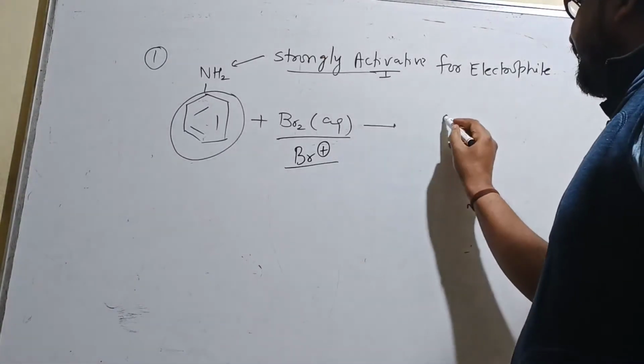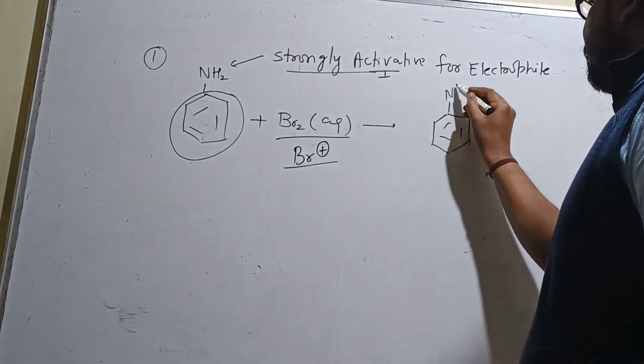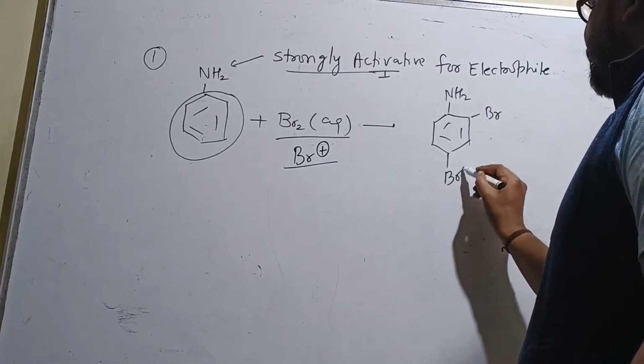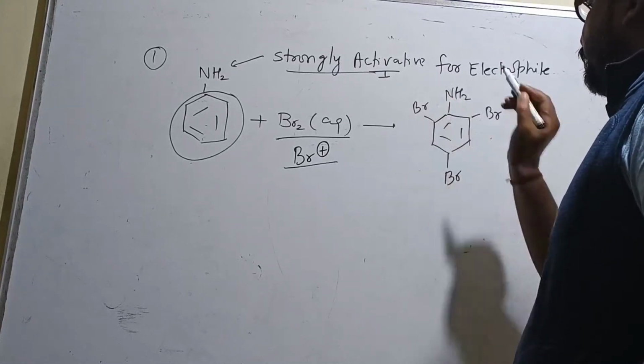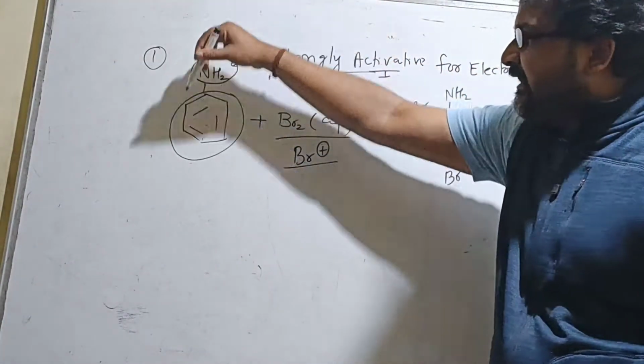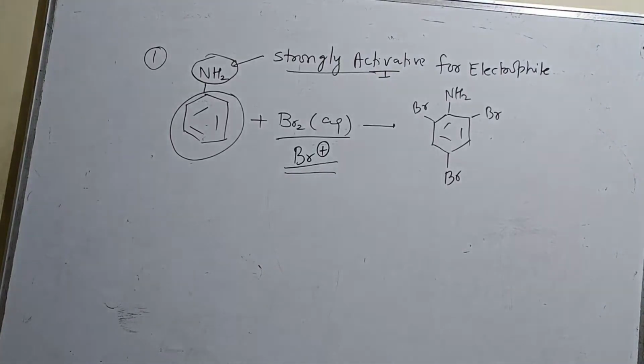So it will carry out multiple substitution. You can remember this: think of multiple substitution in the case of a benzene ring when a strongly activating group is present with a strong electrophile.